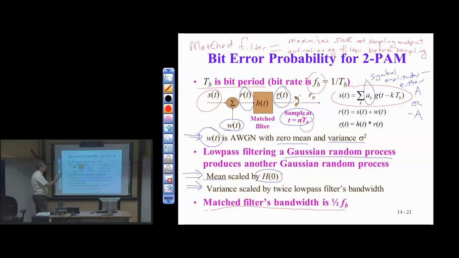Now, this is all baseband PAM. If we had bandpass PAM, upconverted PAM, the matched filter would have a third role to play, which is dealing with DC components, if it were upconverted PAM. One more role to play.